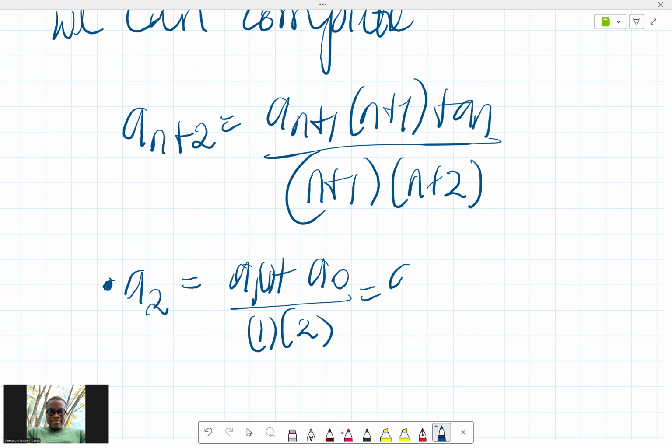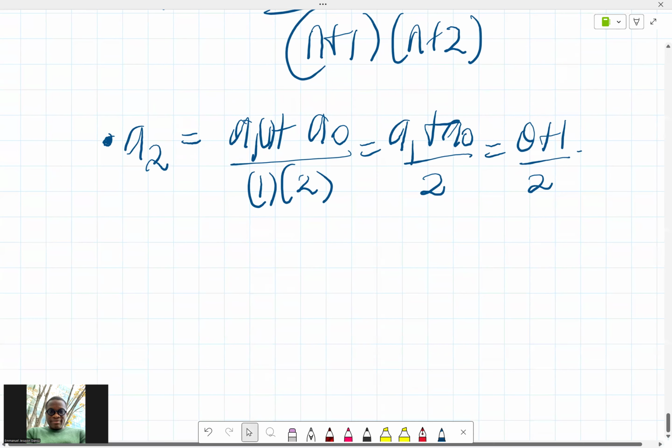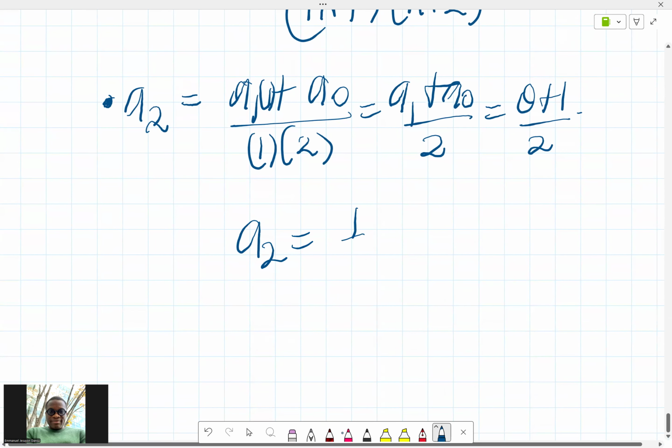So that will be (a1 plus a0) all over 2, basically. So a1 is 0, a0 is 1, all over 2. So it means that a2 is simply 1 over 2. So we have a2 that way.